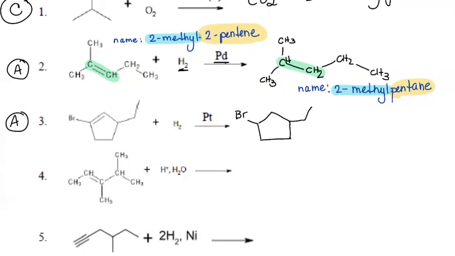Because what's happening in hydrogenation is that this atom received the hydrogen, this atom received the hydrogen. In a skeletal, I do not have to write in those hydrogens. So that's my final answer.